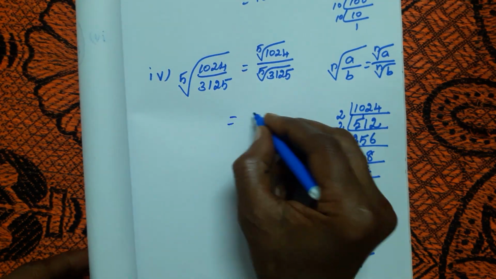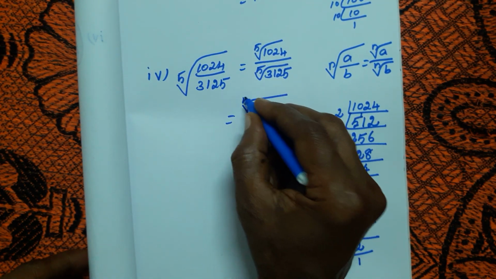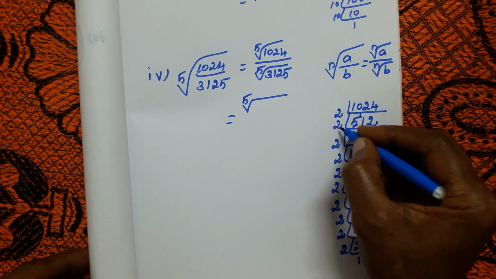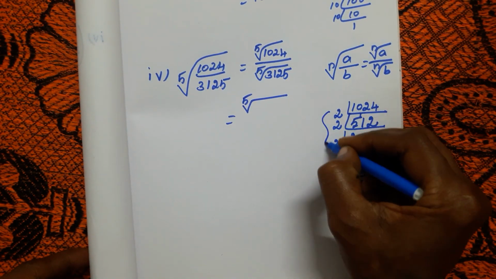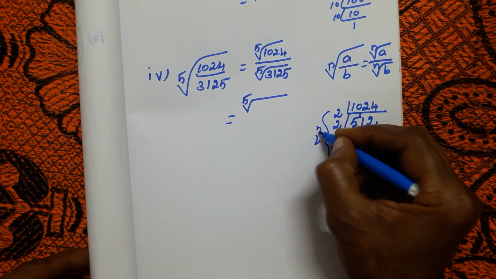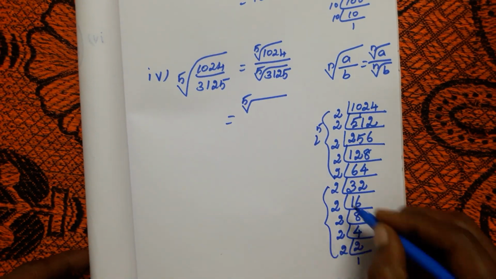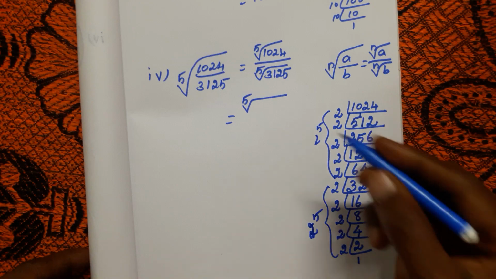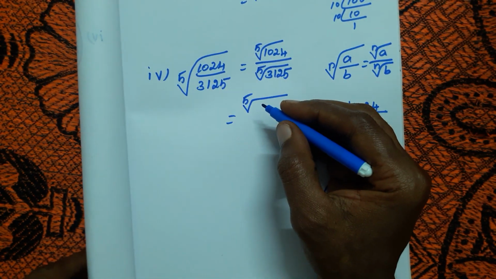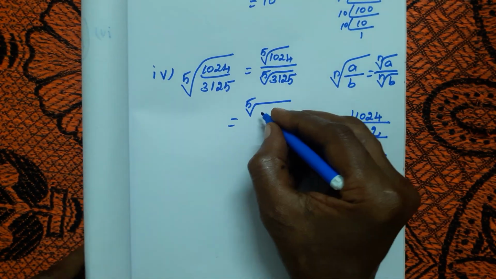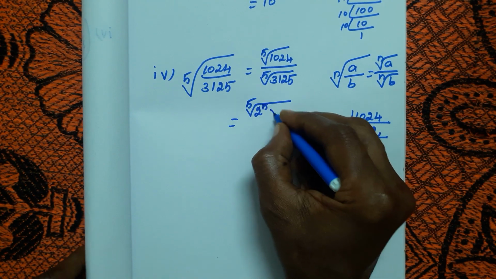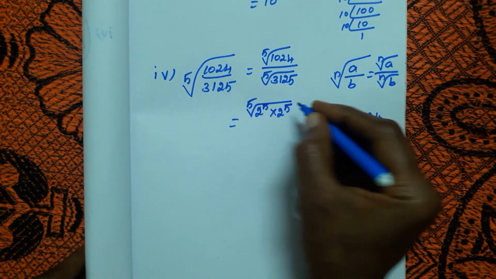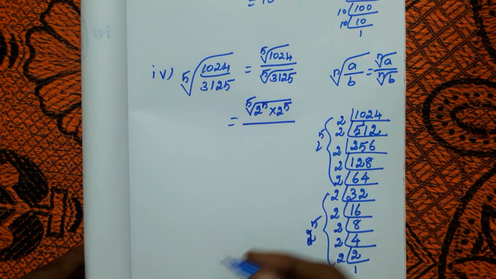Now, we can write it as fifth root of 2 power 5 into 2 power 5. Can you understand this?